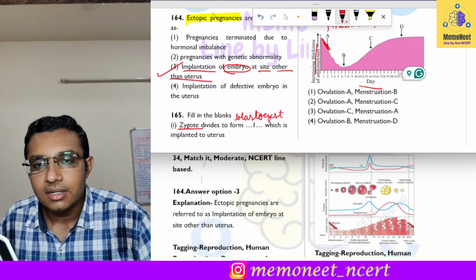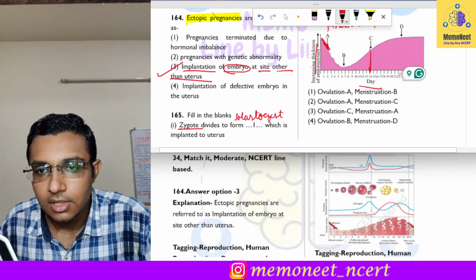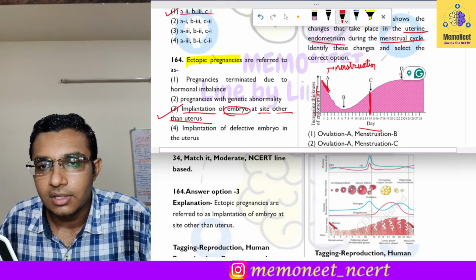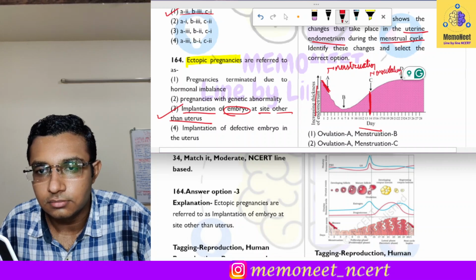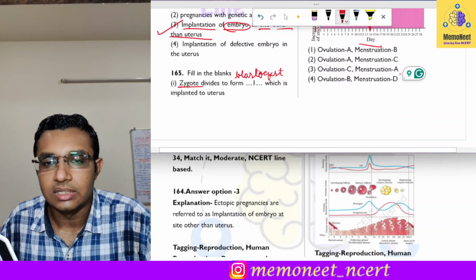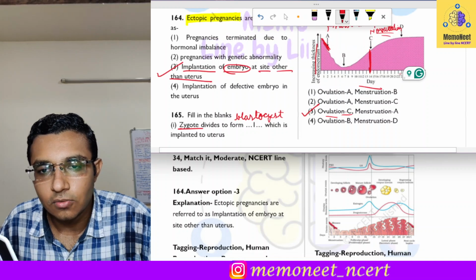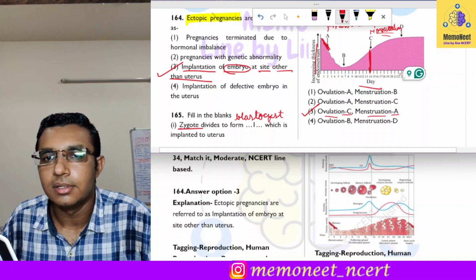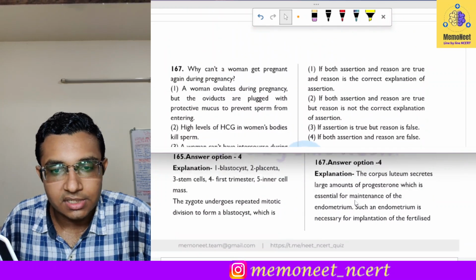Then at C, this is the 14th day, as you can see over here. On the 14th day there is ovulation. So the correct answer of this question is option 3, that is C here is ovulation and A here is the menstruation.